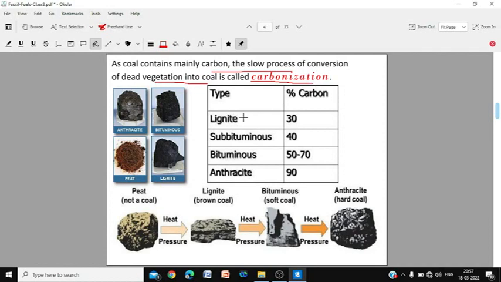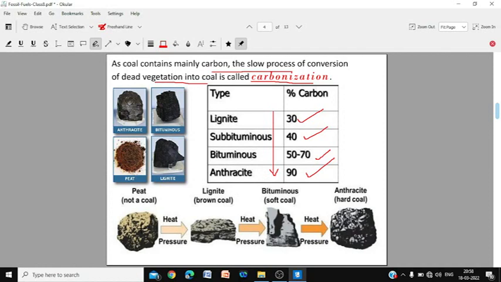Now these are the different types of coal. Lignite contains 30% carbon, subbituminous 40%, bituminous coal 50 to 70%, and anthracite, the hard coal, contains 90%. As time progresses and it becomes older and older, the carbon content increases.